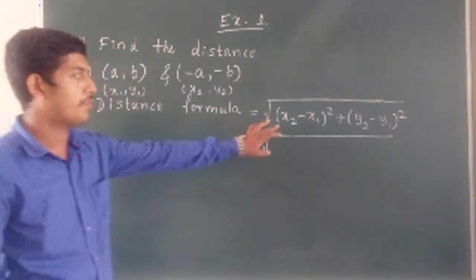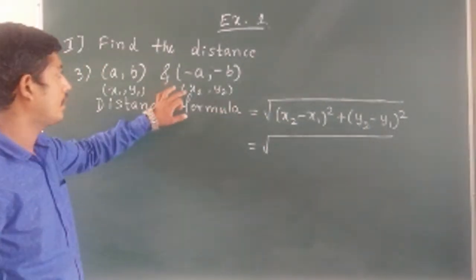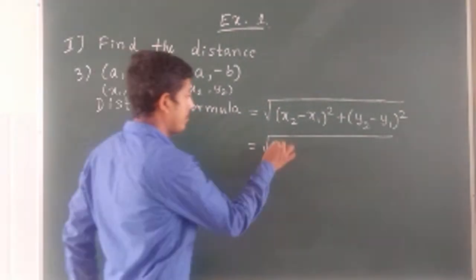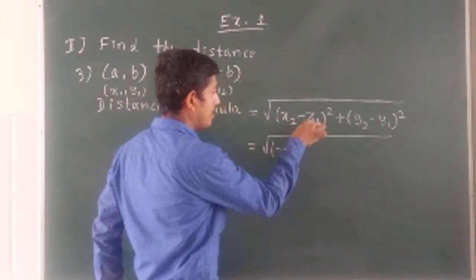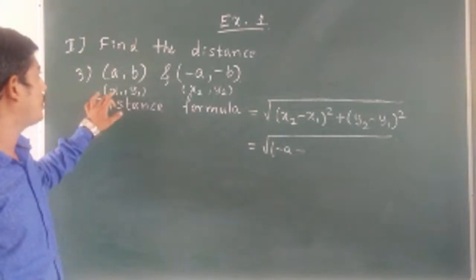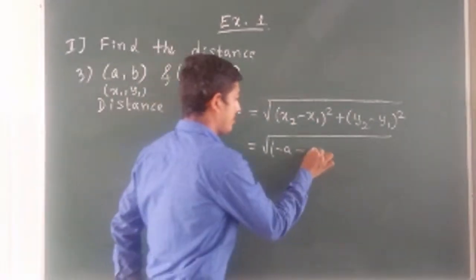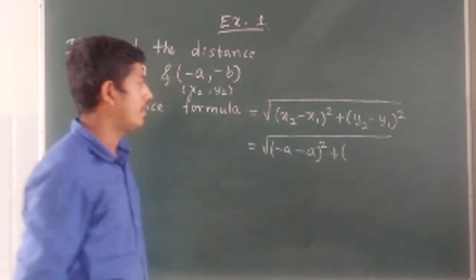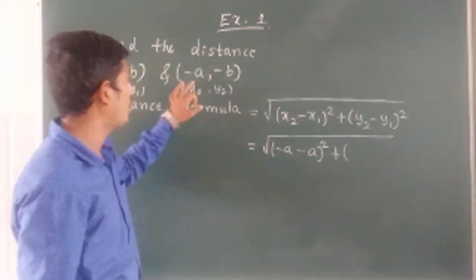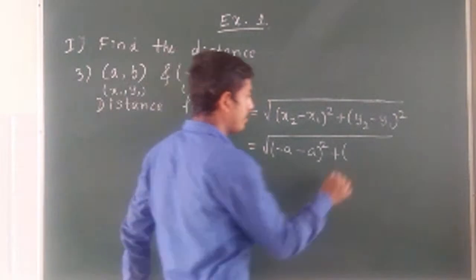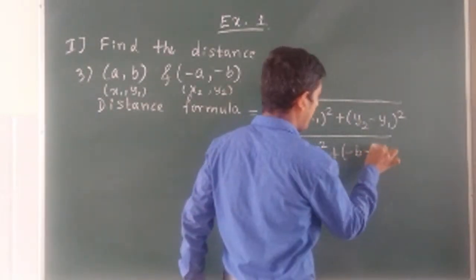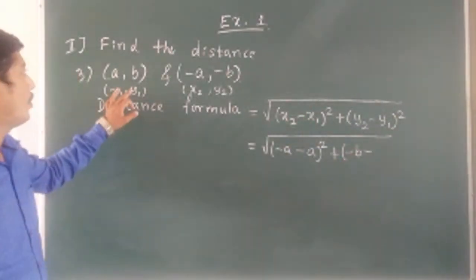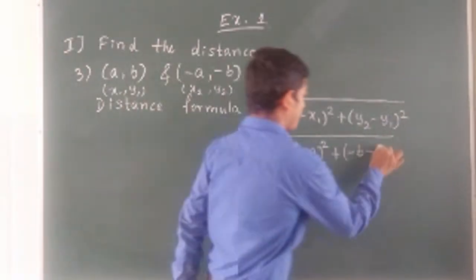X2 value, first one is x2, minus x1 value. X1 value is a. Then y2 value is minus b, minus y1 value is b.